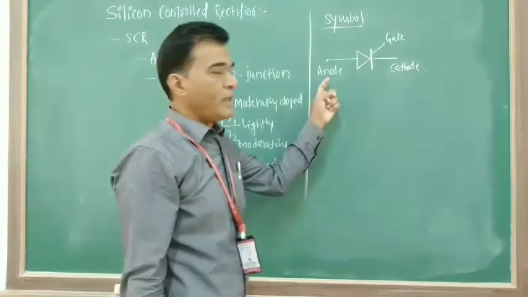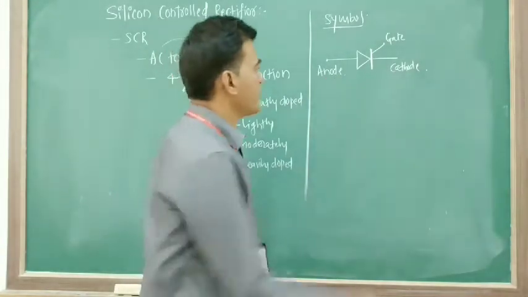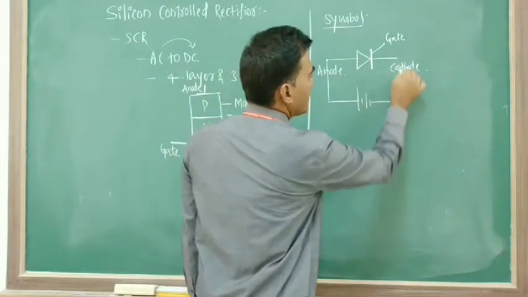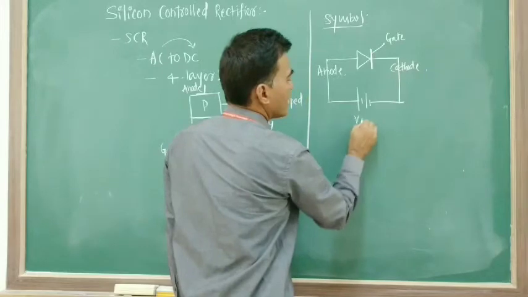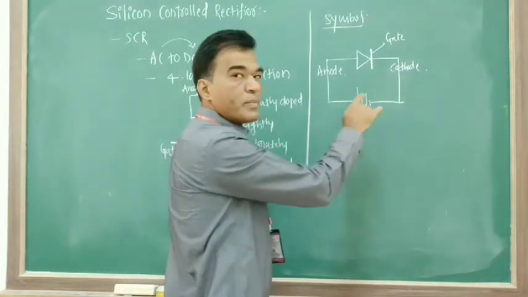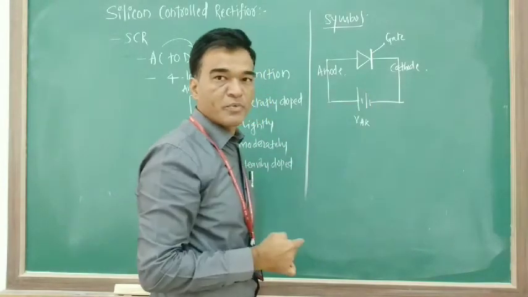When I apply a positive voltage between anode and cathode, if I connect the battery source between anode and cathode, let us say this voltage is VAK. If I use only a diode, it will be forward biased and current starts moving through the circuit.